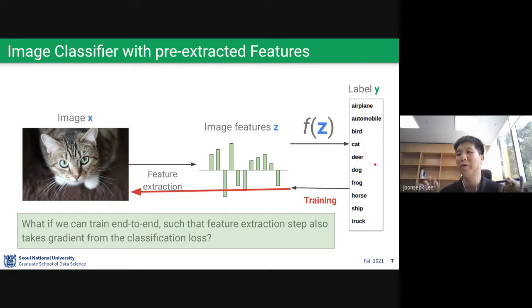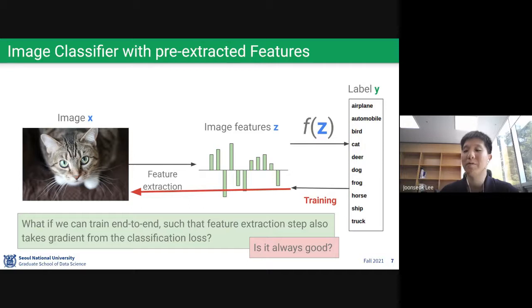End-to-end means from the image X to the label Y: when we have any loss in this estimation from the classifier, we backpropagate that loss or error to the very beginning of the model. Can we automate this part and learn the parameters from the data instead of predefined functions like histograms? That's a good idea, and that is the trend in deep learning.